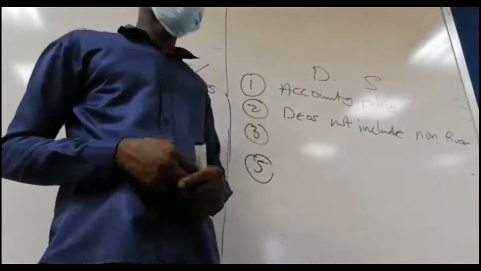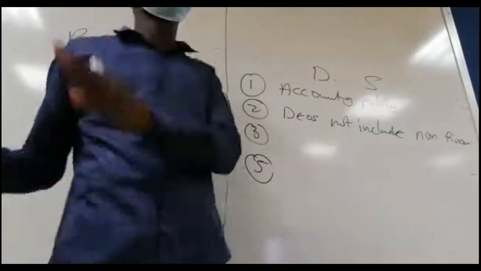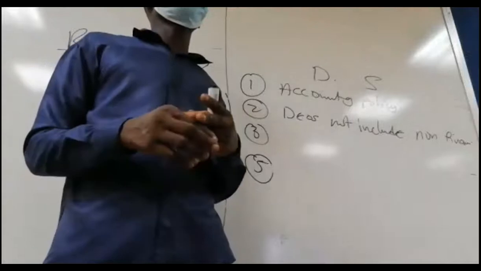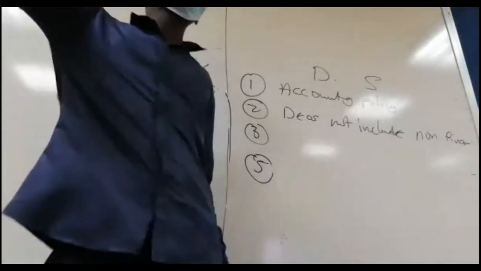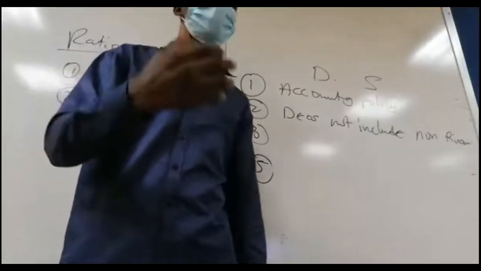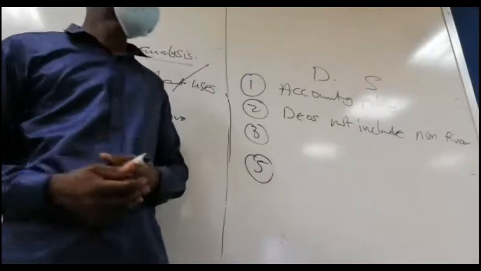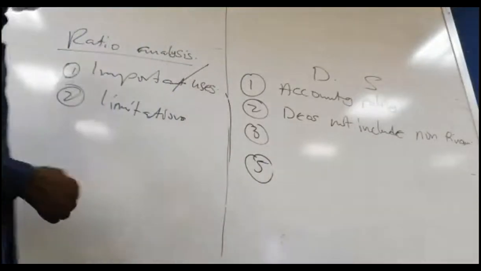No. So ratio does not include what? The non-financial aspects of the organization. Because what are you interpreting? We are interpreting financial statements. So if any item that we cannot quantify in financial or monetary terms, we are not going to provide meaning to it. Good.